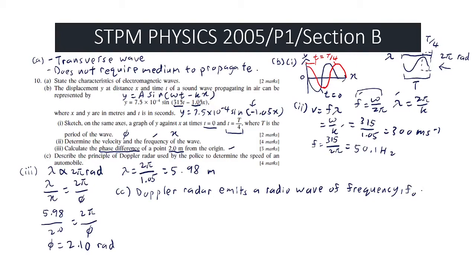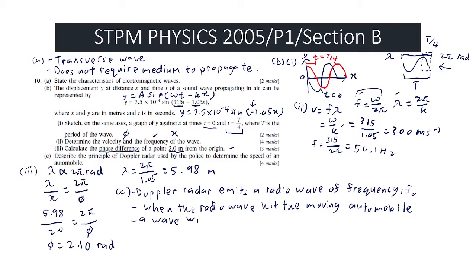f naught, and when the radio wave hits the moving automobile, the wave with a difference in frequency, let's say this time this is f, is reflected.